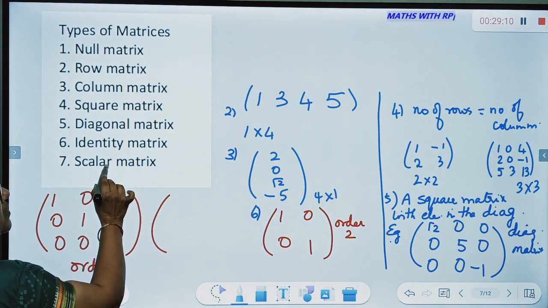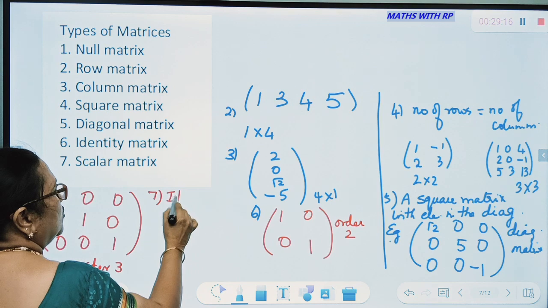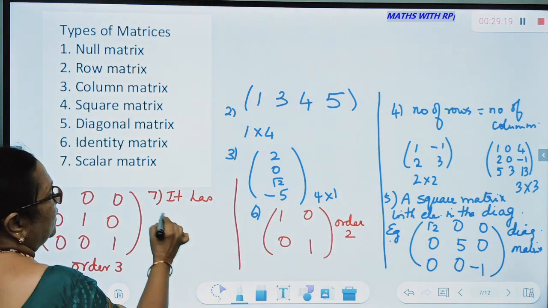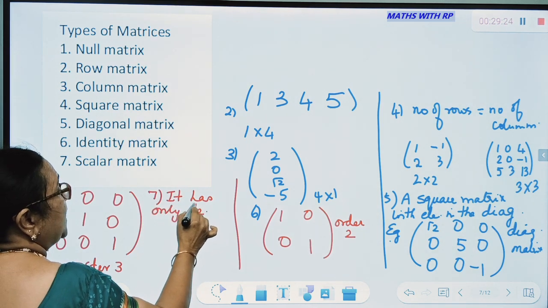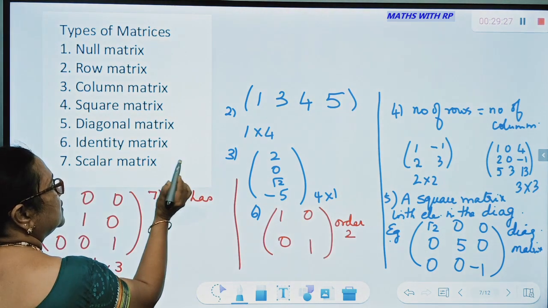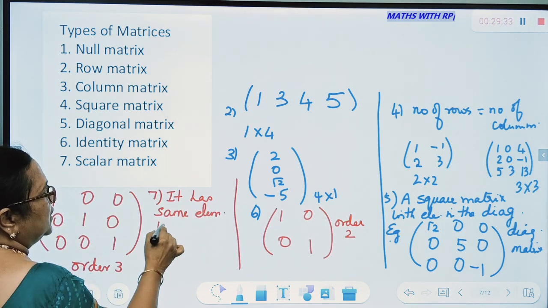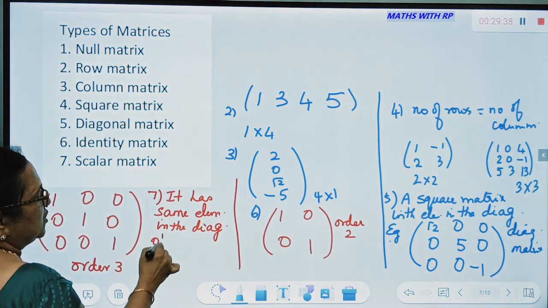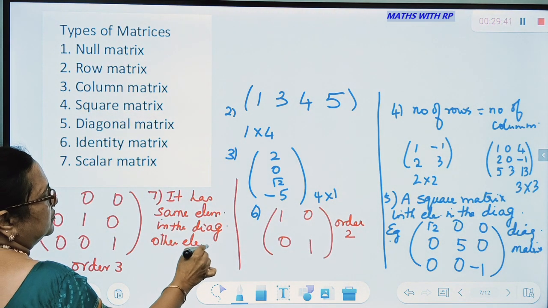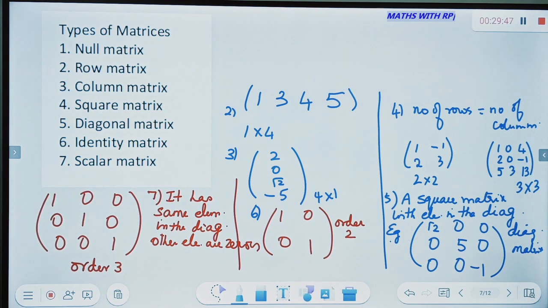Next, scalar matrix. A scalar matrix is again a square matrix and it has only the same elements in the diagonal. Other elements are 0. Whenever we talk about a diagonal, you must immediately understand we are talking only about a square matrix. So what is a scalar matrix?